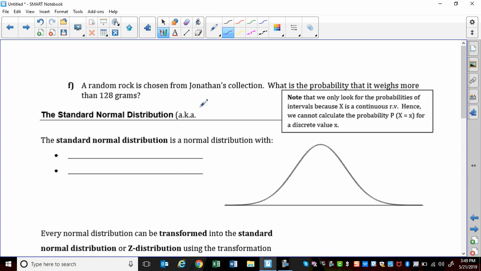or this is also called like the Z distribution or Z-score. The standard distribution is a normal distribution with mean equal to 0 and the standard deviation of 1.